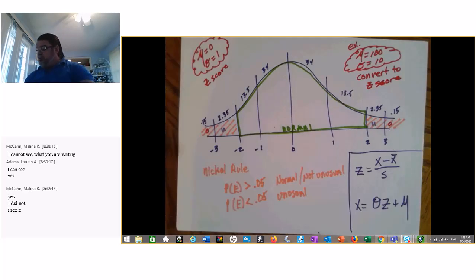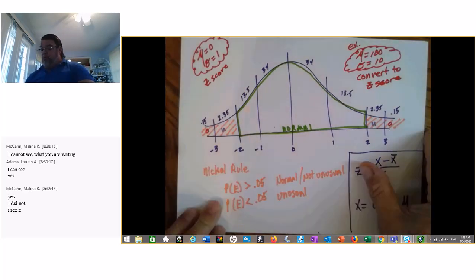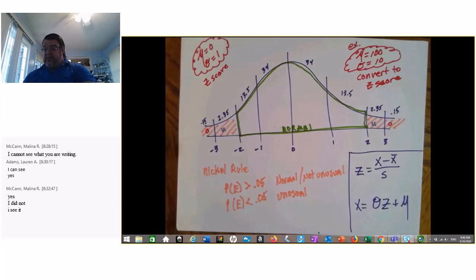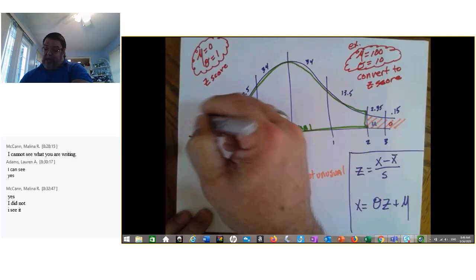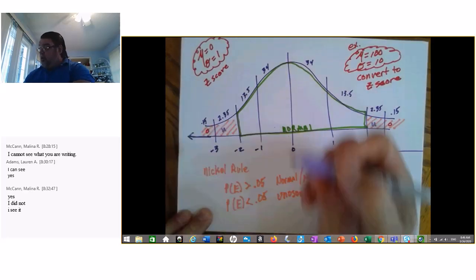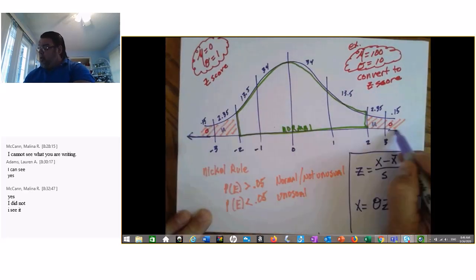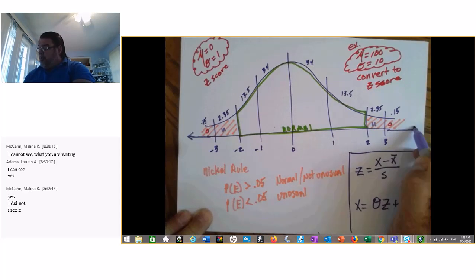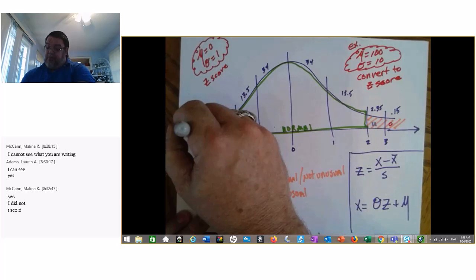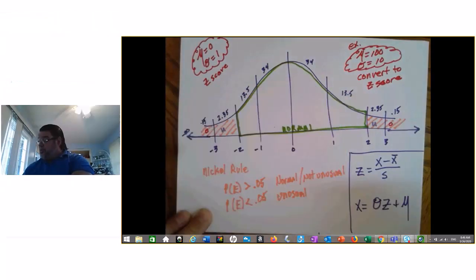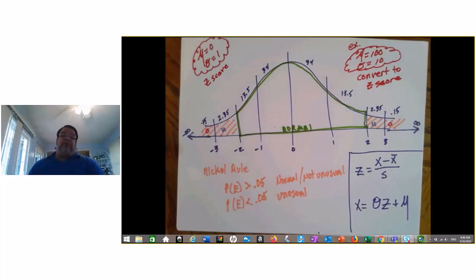All right, here's an example. Oh, one more thing I want to add to this. I need you to add an arrow down here and an arrow right here. Now, remember in algebra, this arrow was called negative infinity and this arrow was called positive infinity. Well, we can't use infinity in statistics.